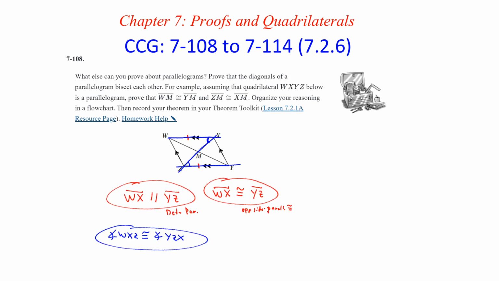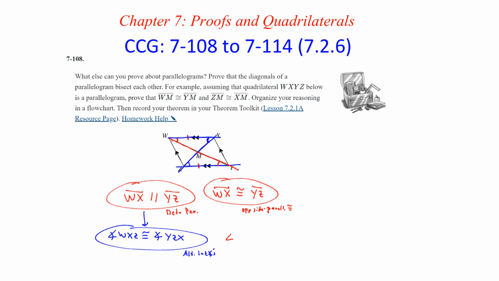And that's because of alternate interior angles. So that's because the lines are parallel, and the reason is alternate interior angles. We know they're congruent. We also know that this angle is congruent to this angle because with this transversal, those are also alternate interior angles.